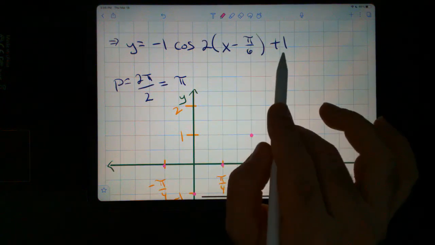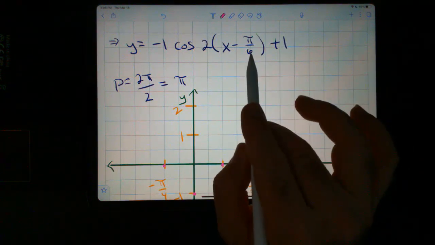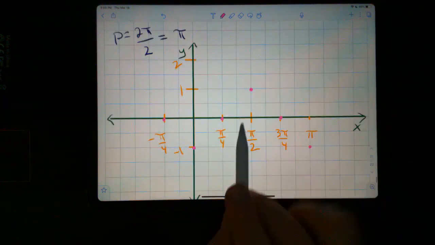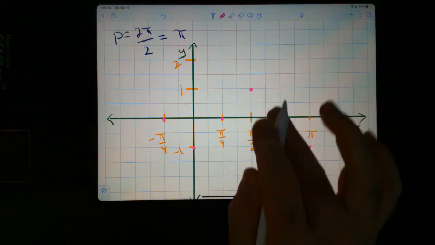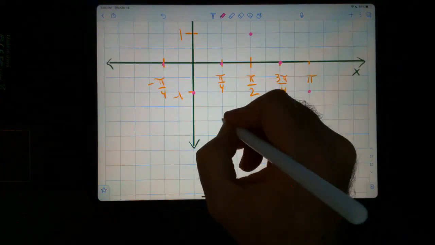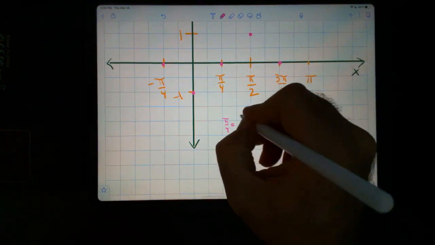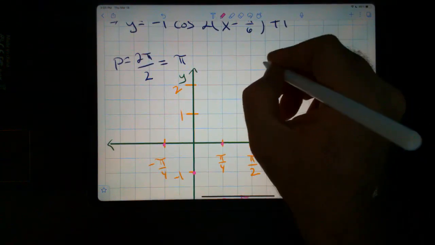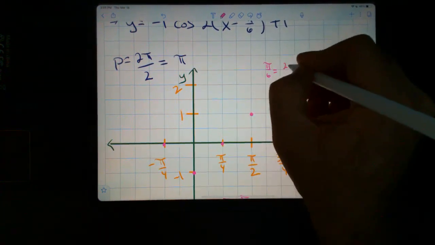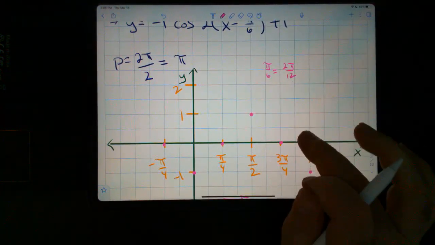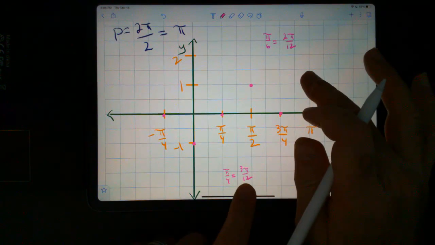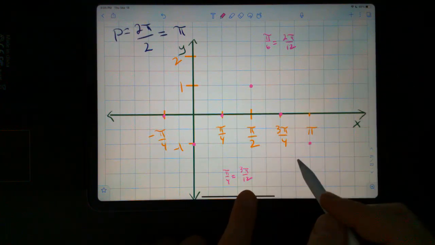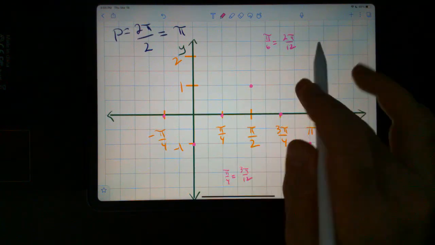And then we're going to shift everything up 1 unit and to the right pi over 6. So if this is pi over 4, so pi over 4 is equal to 3 pi over 12, and pi over 6 is equal to 2 pi over 12. And so we're going to shift it almost the entire distance over and 1 unit up.